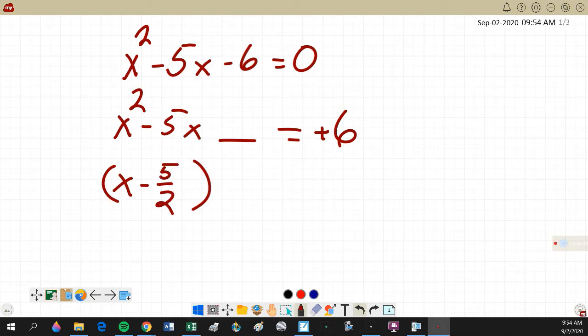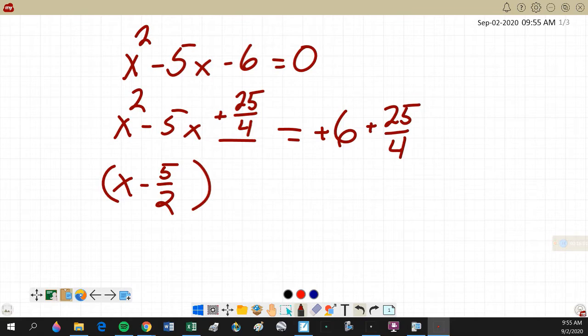The reason I do that is multiplying fractions is way easier than multiplying decimals. What is -5 halves times -5 halves? It's just 25 over 4.